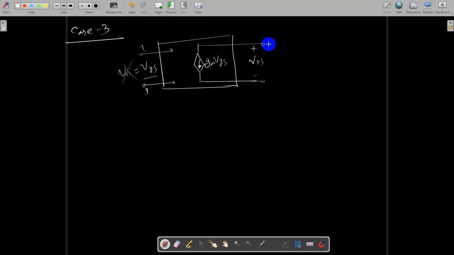Okay, so let's suppose we are connecting a load now. This is RL. So this particular current is going through that direction. When it is going through this direction, it is showing that negative sign. So from passive convention, we can say that this I2 is negative.